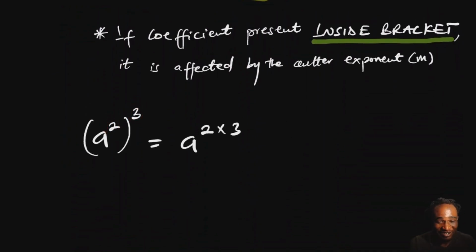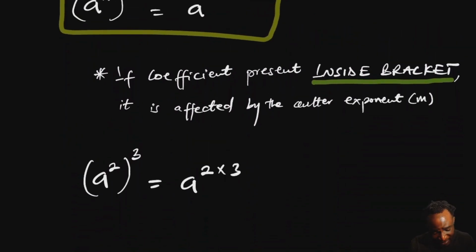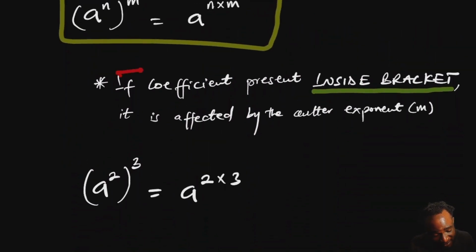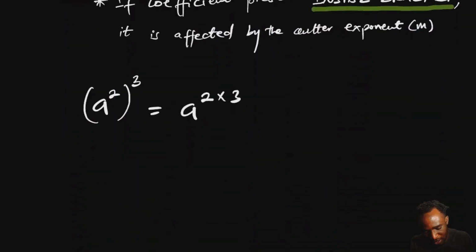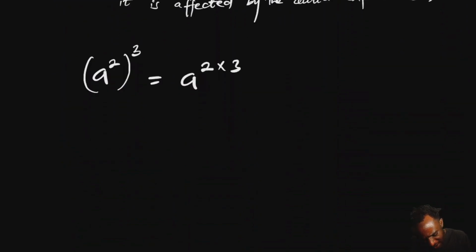But it gets really interesting when we have a coefficient, like you can see over here. I said, if a coefficient is present, and very important, inside a bracket, then it's affected by the secondary power. Let me show you an example to make this clear. Let's take this question again. We have a raised to the power 2, and in this case, let's say we have a coefficient of 2, all in the bracket being raised to the power of 3.